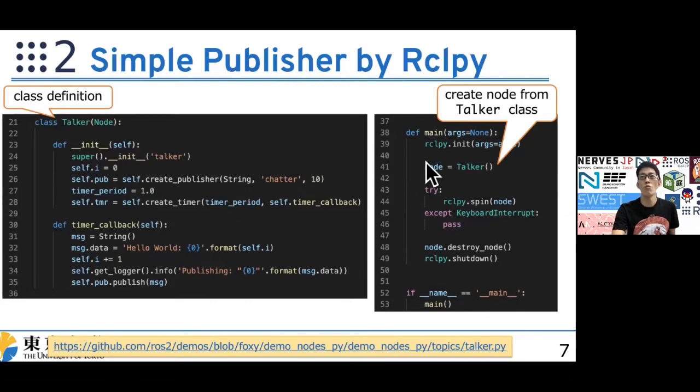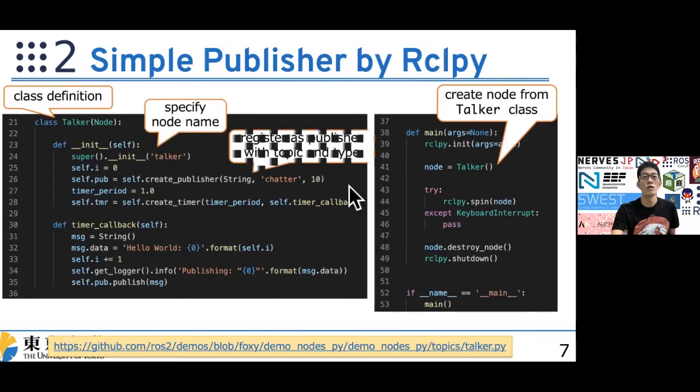The application first initializes the ROS environment and creates a node from the defined class. Next, the ROS node specifies its name. This is a token, and registers itself with a topic name and message type. This example specifies chatter as the topic name and string as the message type.